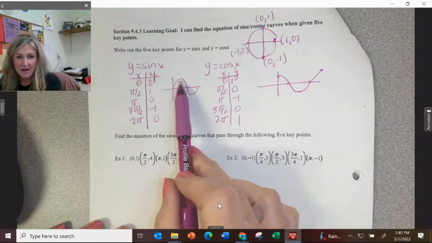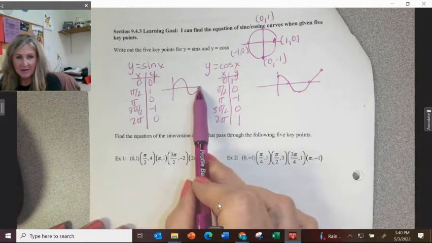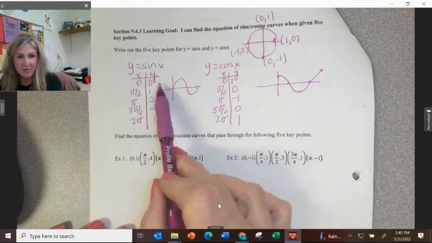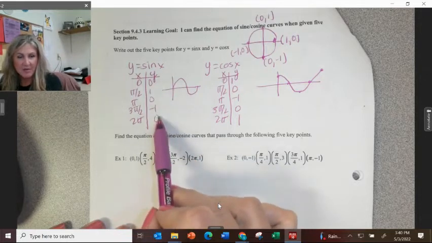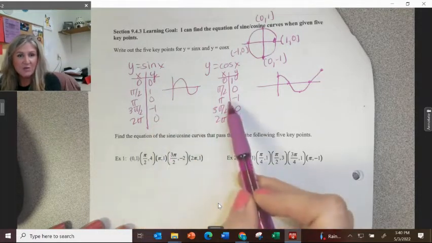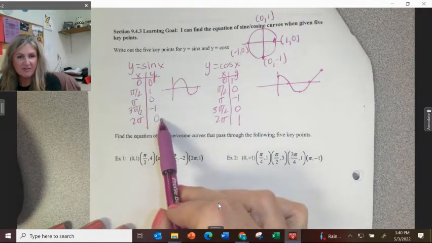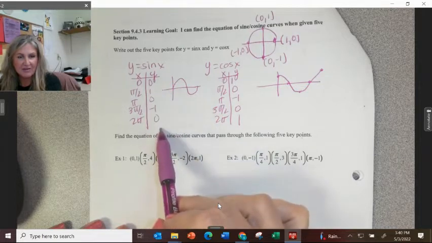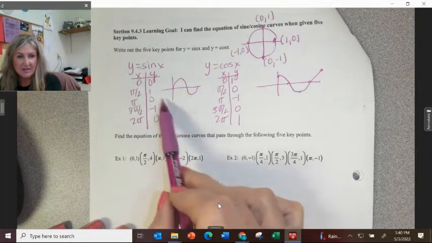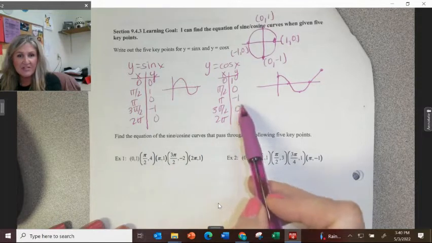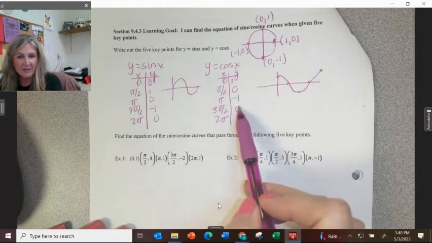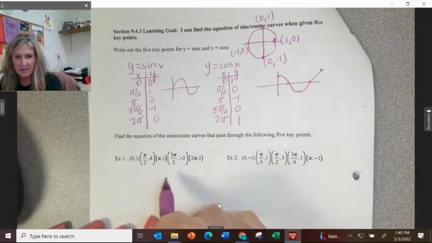This one again, on, up, on, down, on. When we see these 3 points the same, we're thinking sine. Whereas when we see these 2 points the same, we're thinking cosine. So when the first, third, and fifth values are the same numbers, it's a sine curve. When the second and fourth of the 5 key points are the same, that's going to be the cosine curve.